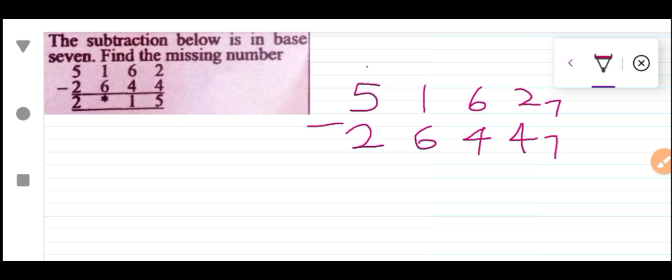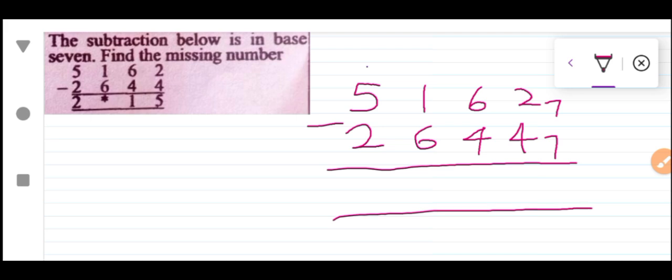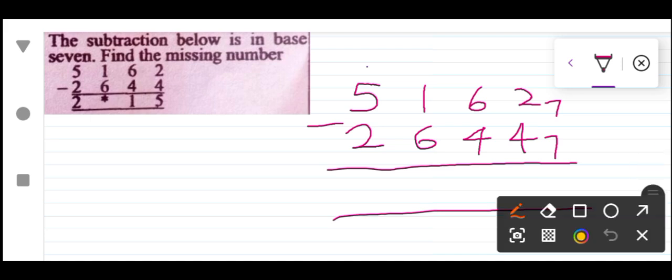So let's just start all over and see the process. Remember again, there are 2 conditions for subtraction of bases. The base must be the same, and whenever you are borrowing, you borrow the base. So in this case, we are working in base 7. So whatever we borrow will always become 7.